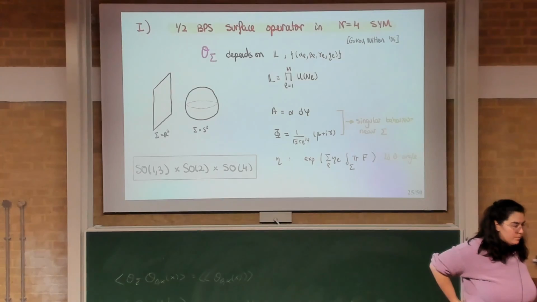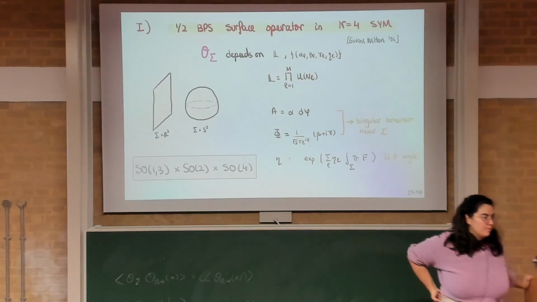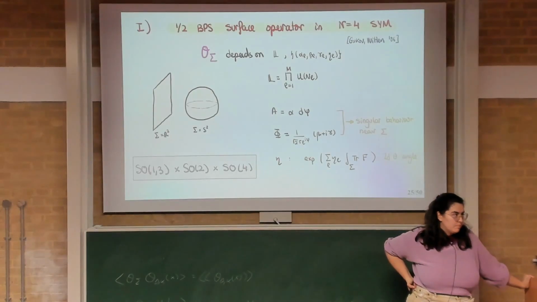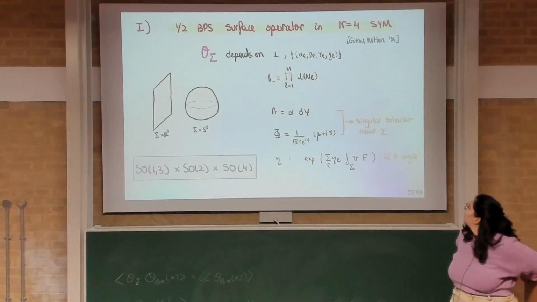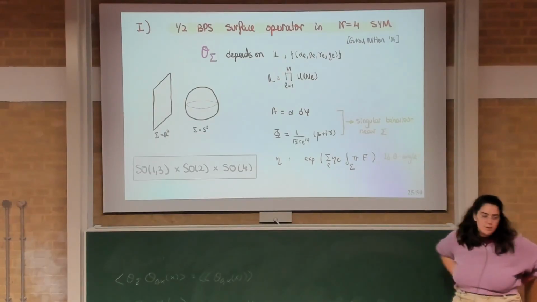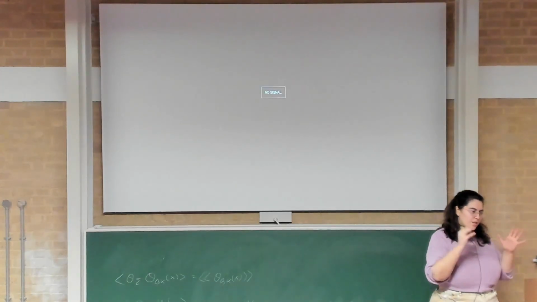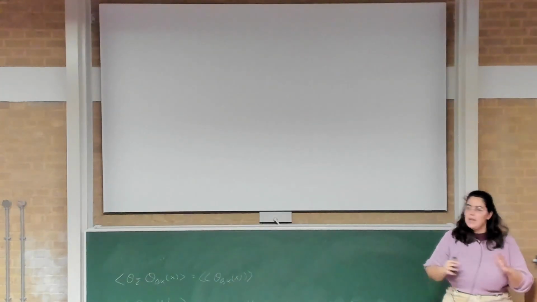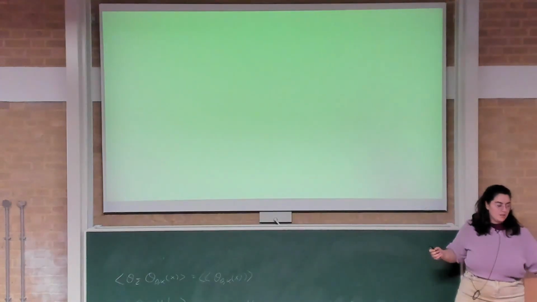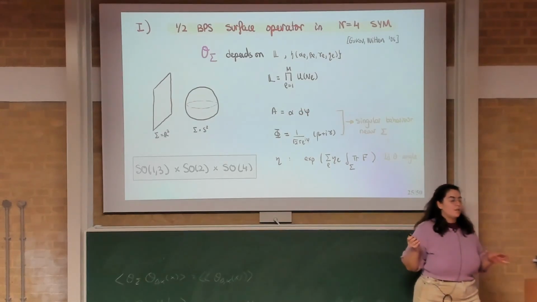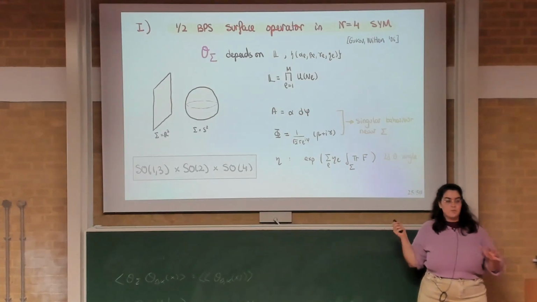Is it proportional to some Goldstone, the group that is broken? Like, is it counting some degrees of freedom related to the breaking of the U(N)? I never thought of it as some Goldstone, because I don't think it's a spontaneous symmetry breaking. Maybe there is another picture: instead of thinking of this operator like this, you can think of the definition of the surface operator in a different way.